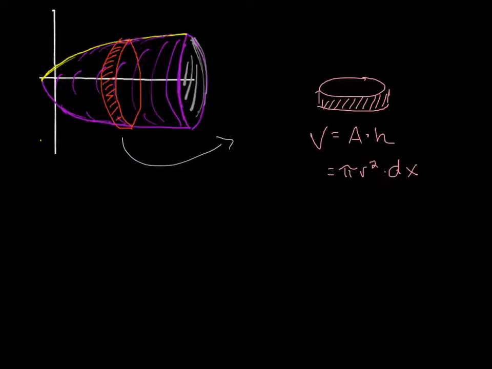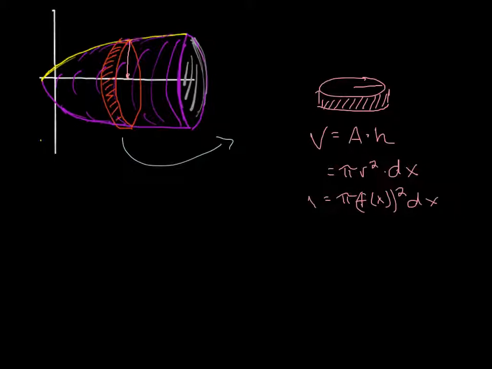Now how are we going to find our radius? There's our center, and it goes all the way up. So it looks like our radius is the y value. In this case it's going to be f of x squared. Alright, so far so good.